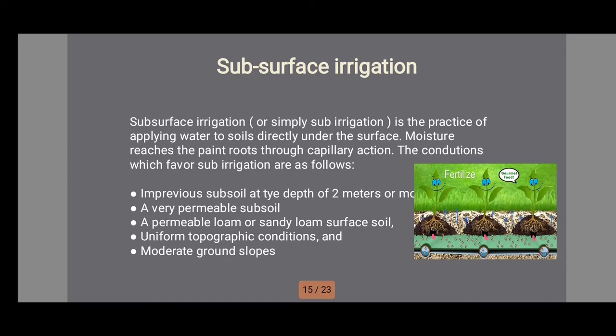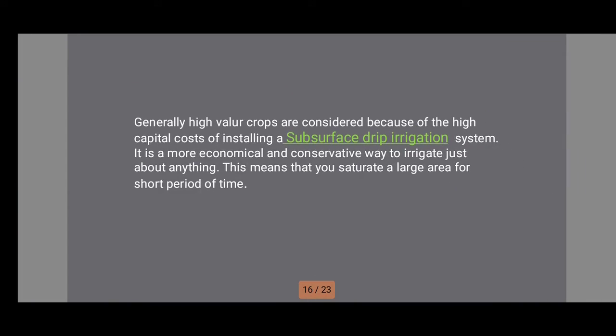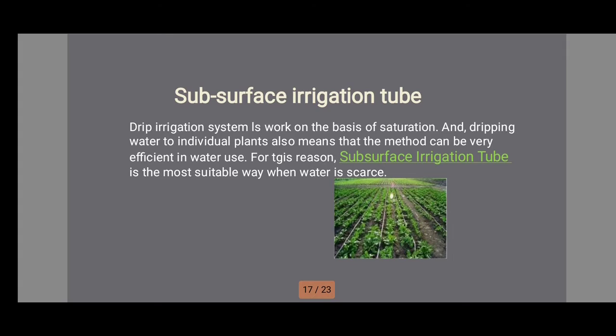Uniform topography and moderate ground slope are required for subsurface irrigation. Generally, high value crops are considered because of the high capital cost of installing the subsurface irrigation system.